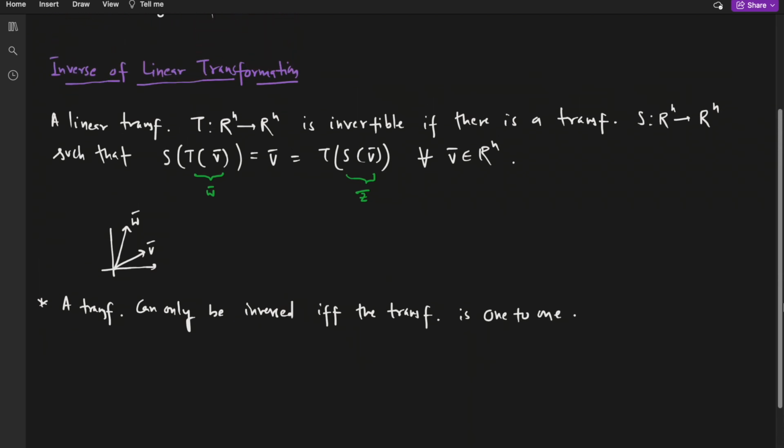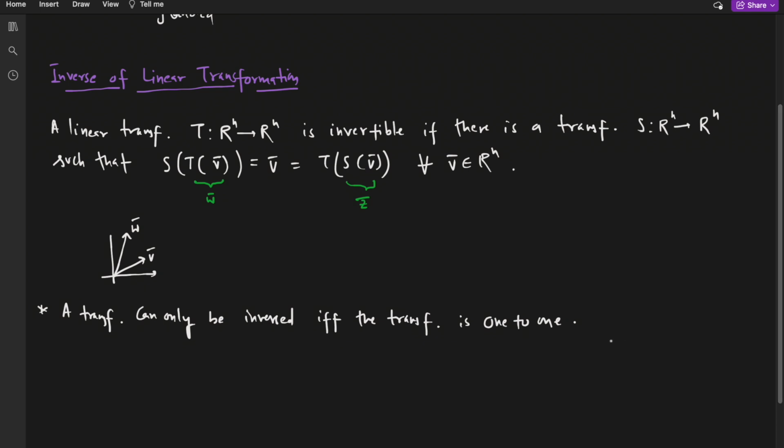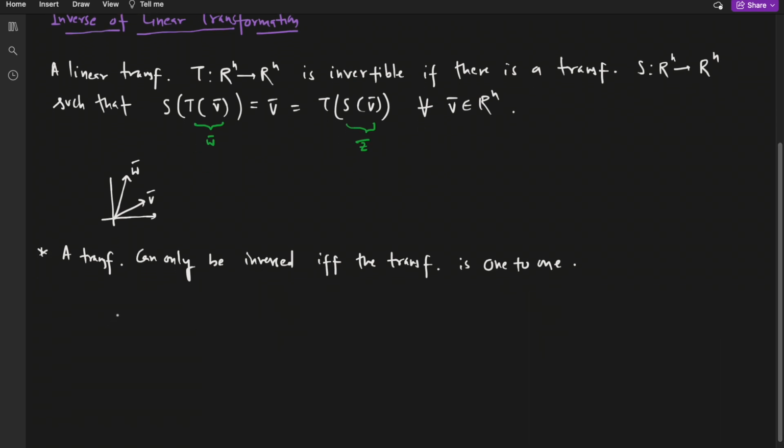So why is this important? This is important because let us suppose the transformation is many to one. For example, let us suppose we have a transformation T, and there are two vectors V1 and V2 in the input vector space, and we have another vector space V2.